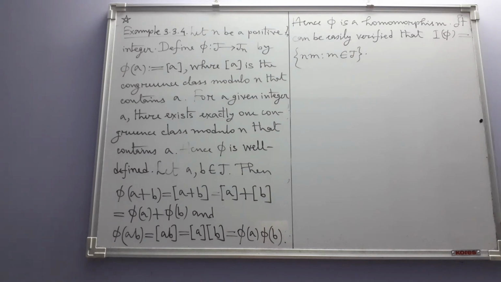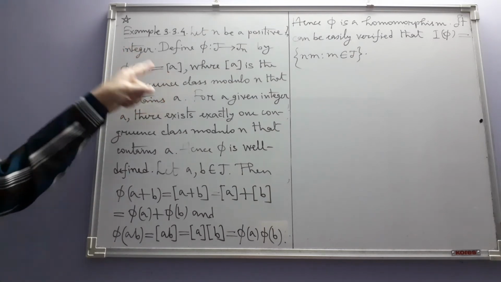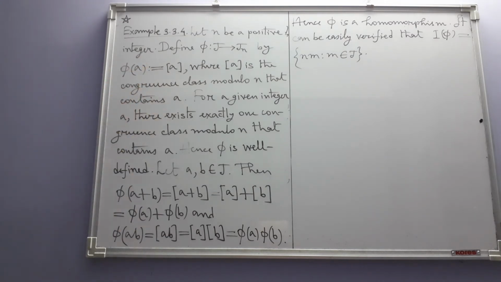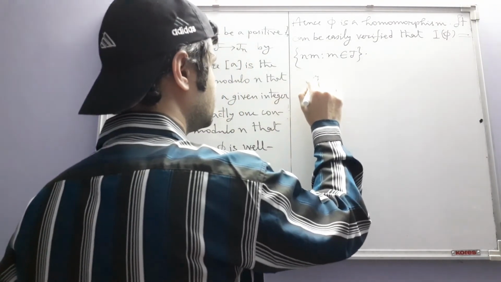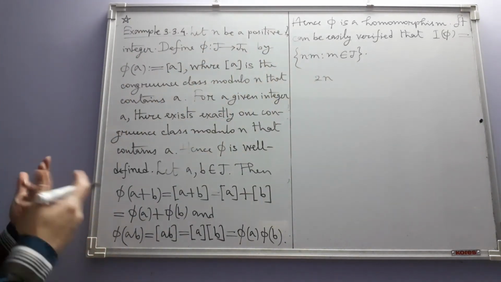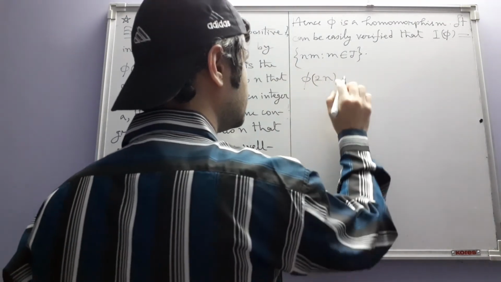If you take an integer multiple of n, then the congruence class containing that multiple is the class that contains 0. For example, if you take say 2n, suppose my a is 2n, then what is phi of 2n?